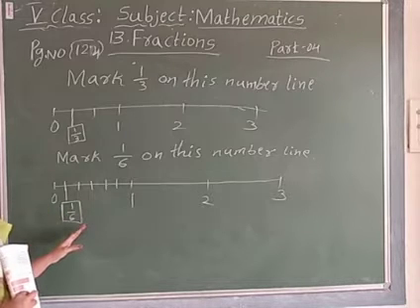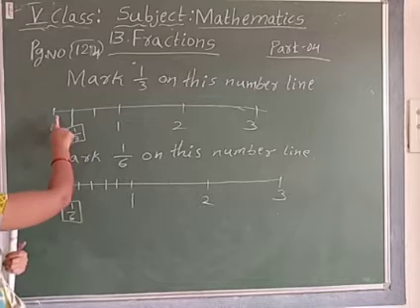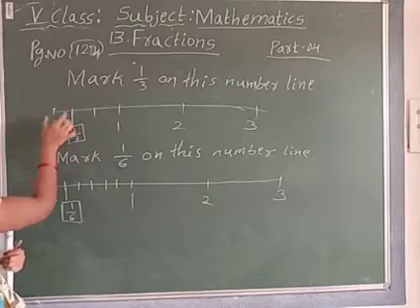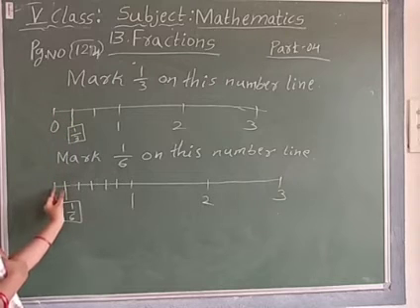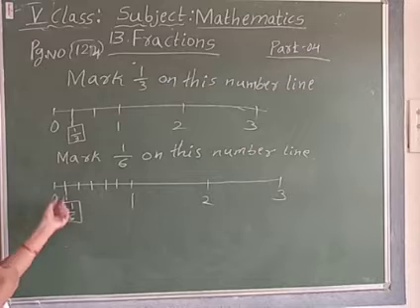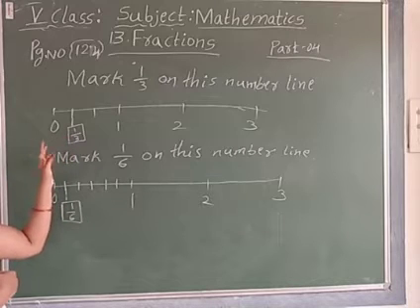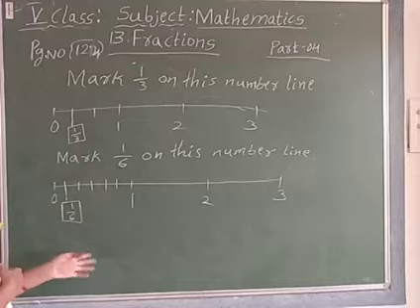No. Observe here, children. With only 3 parts, this place is big. Here more space, here small space. So which fraction is big? This one: 1 by 3 is greater than 1 by 6.